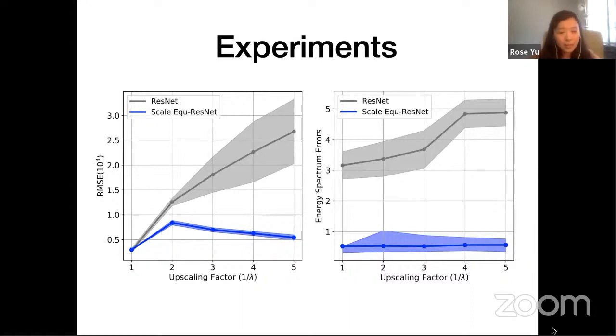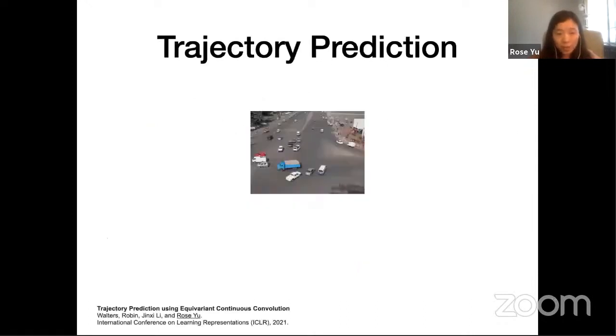As a second example, we also tested this idea on a real-world application of forecasting trajectories for autonomous vehicles. In the previous work, we discussed the idea of applying symmetry from differential systems to generate better forecasts for turbulence. But for physical systems such as fluid dynamics, we basically have equations that govern them.